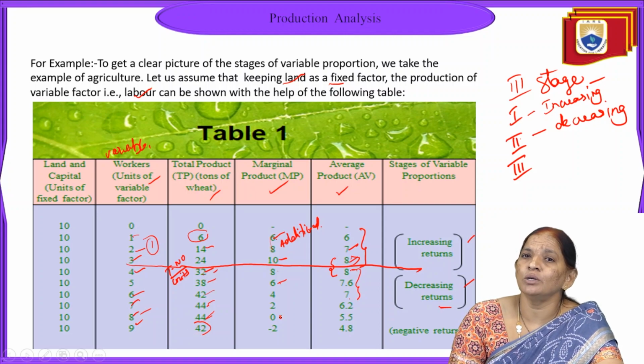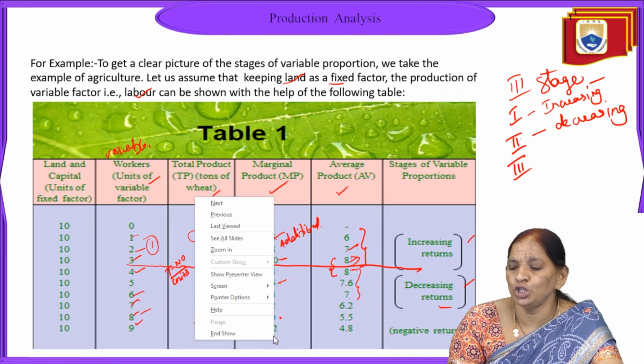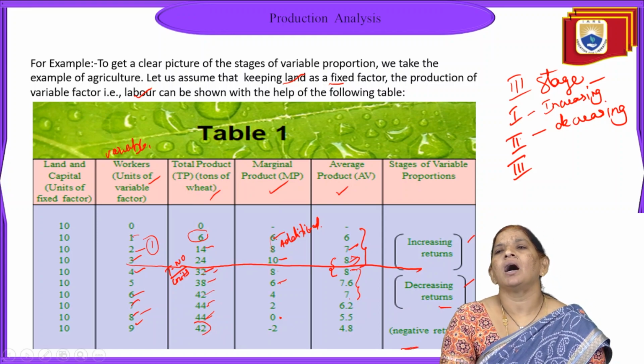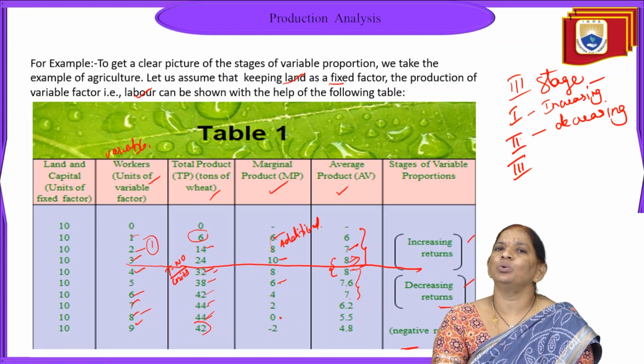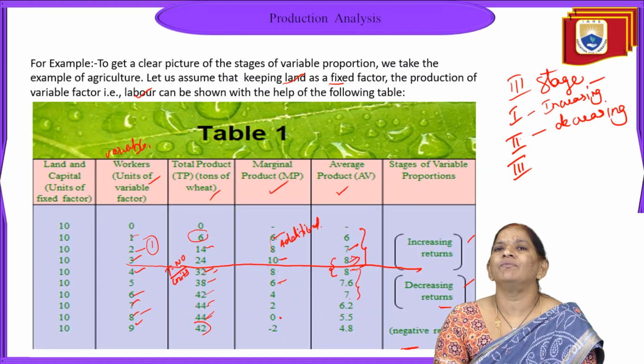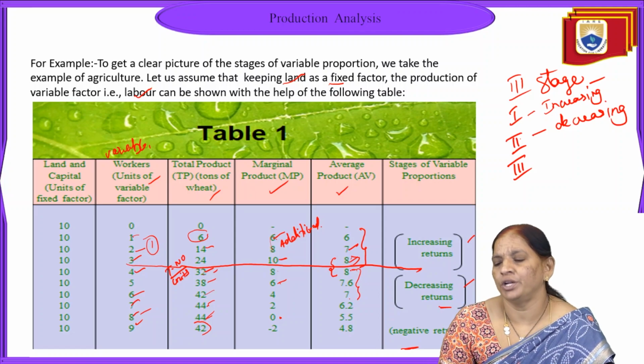After that, when I introduced more, we are getting -2, which you will call negative returns. Means after a certain stage, though we implement one more factor of production, we experience negative returns.